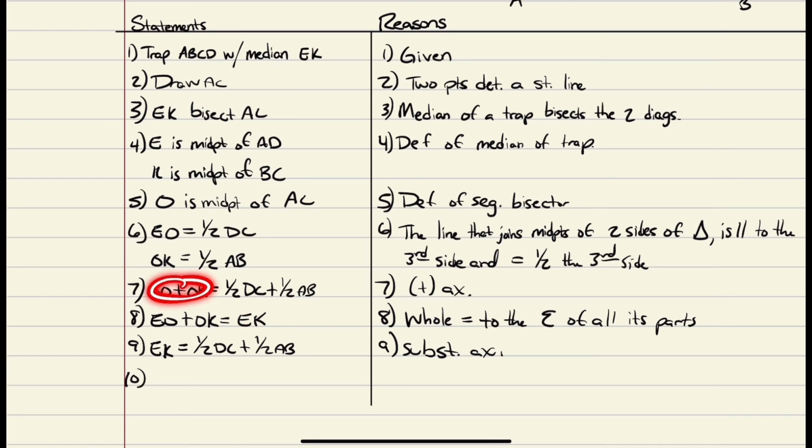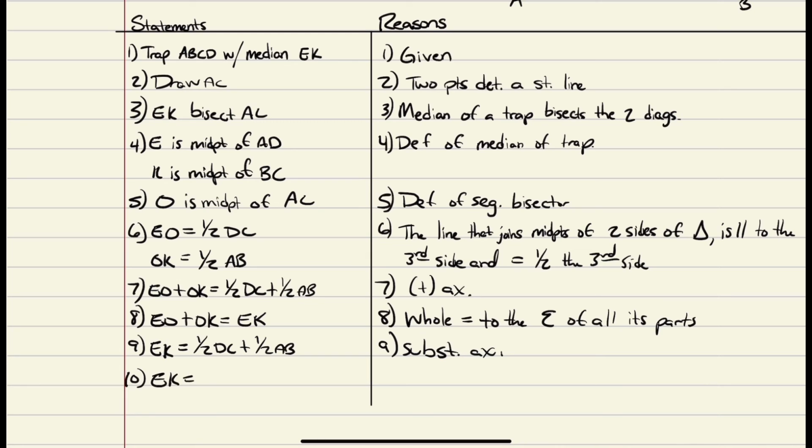And now we can just do some algebraic simplification. We can factor out 1/2. We got 1/2 in both of these terms, and we can do the reverse kind of step of the distributive property that we've learned in algebra. Pretty basic property there, but we're just going to factor out 1/2. So we could say that EK equals 1/2 DC plus AB.